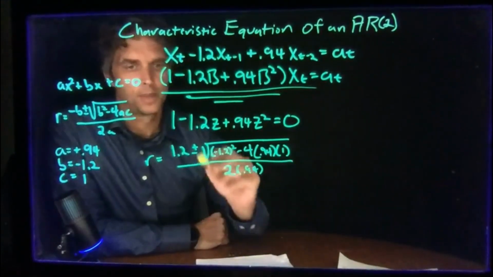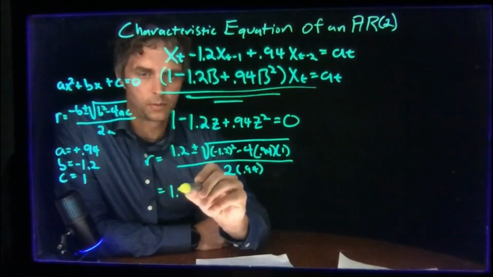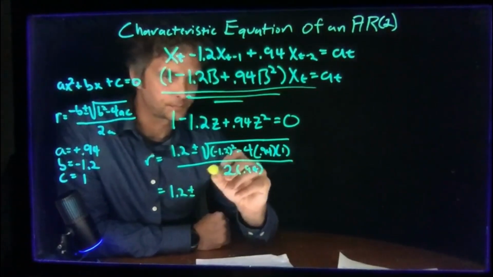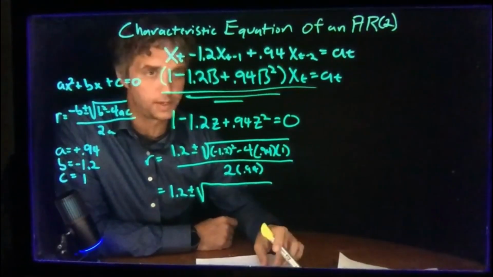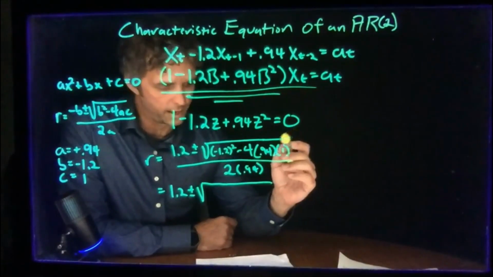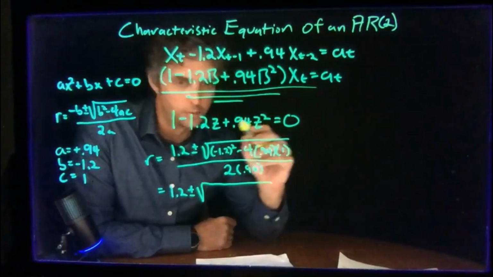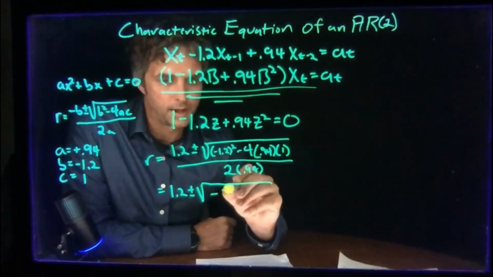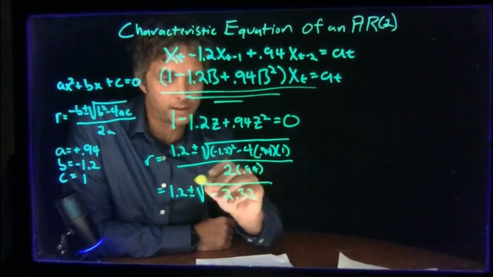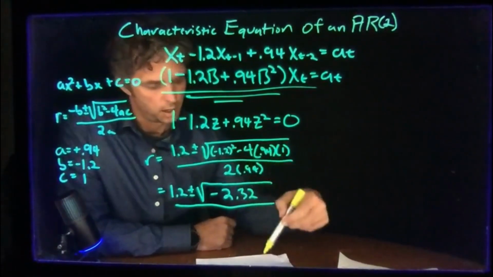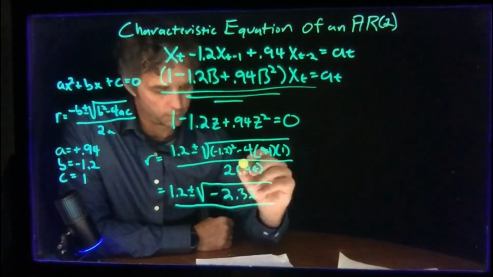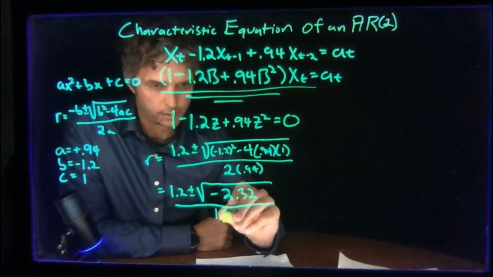Have to reduce that. And so this is equal to 1.2 plus or minus the square root of, and if you do the math on that, it turns out to be negative 2.32. We end up taking the square root of a negative number, which does not have a real answer. And then 2 times 0.94 is 1.88.